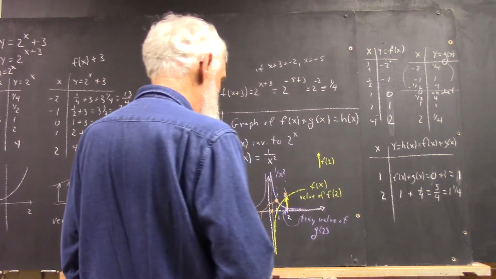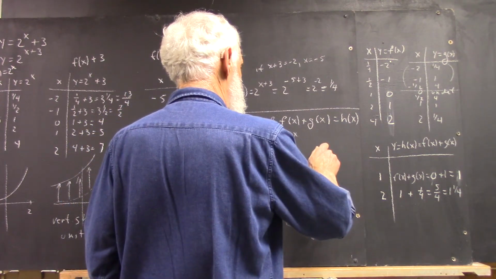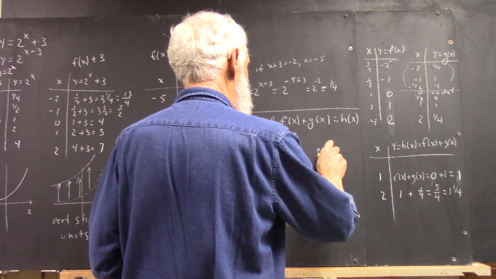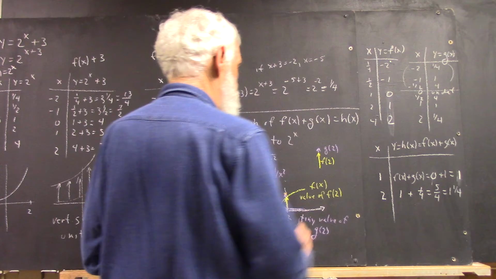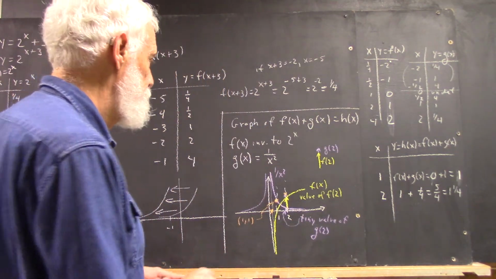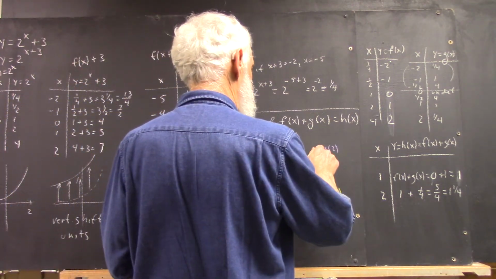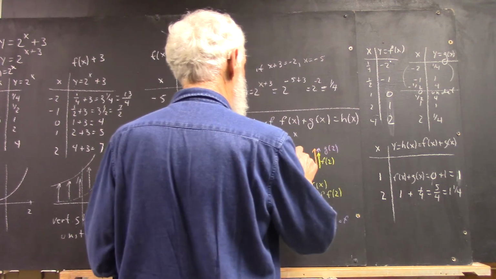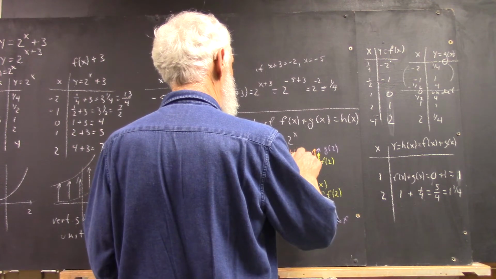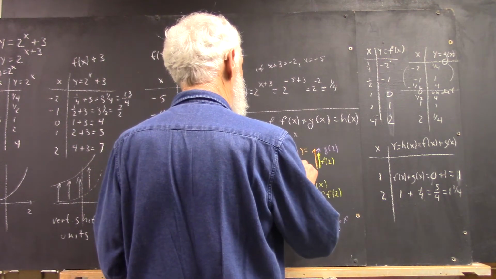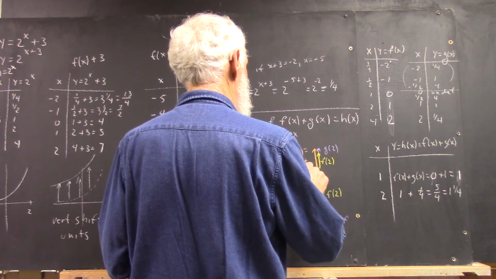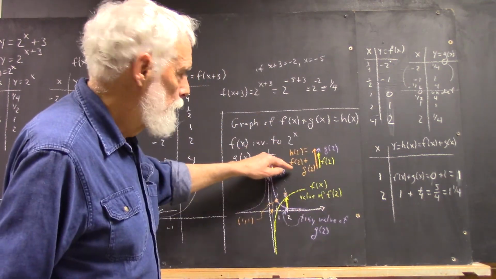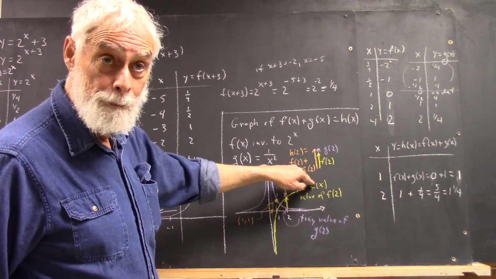If this is f of 2, and this is g of 2, then this is the value of h of 2 equals f of 2 plus g of 2. Okay?